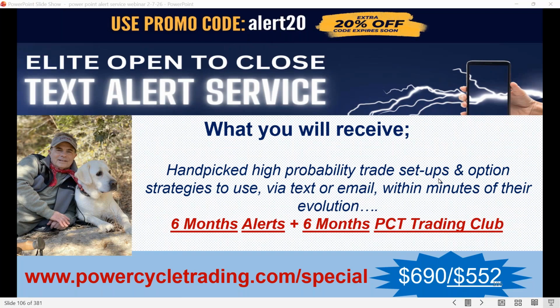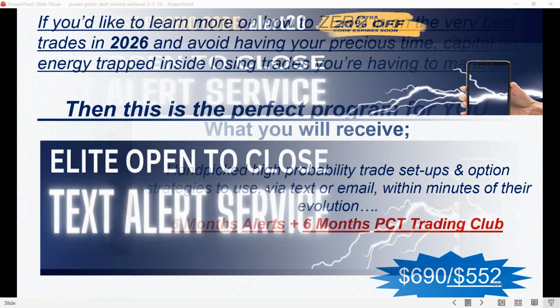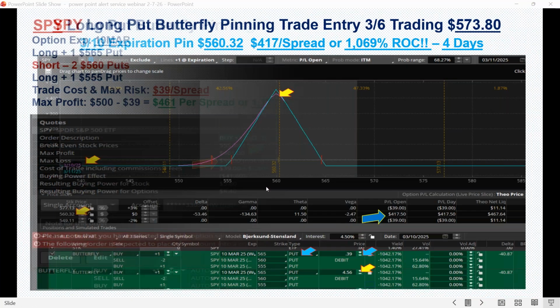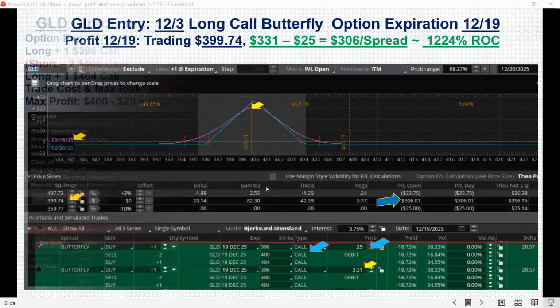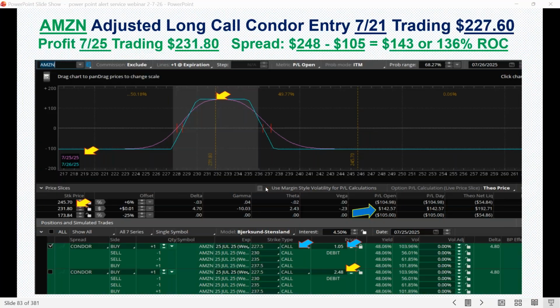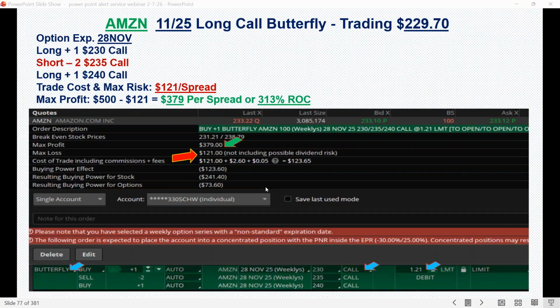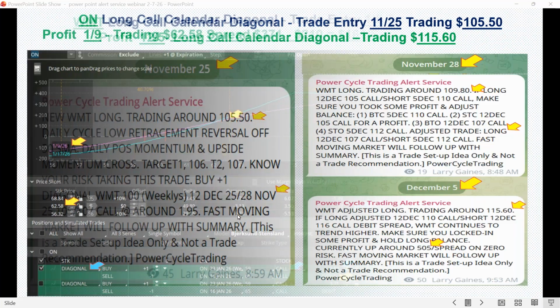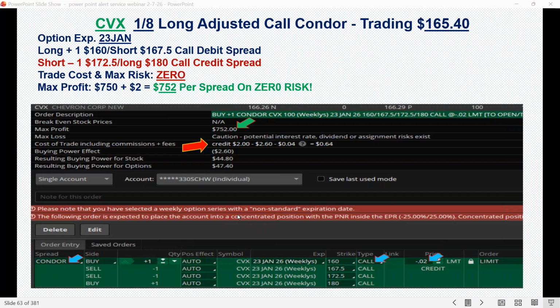Recommended account size, I mean, it can vary. These trades are super low risk. If you look at the cost of the trade here, this one we did last week on Apple, you did one contract, the cost of the trade was $400, $500. So you can do the math and figure out your account size depending on how many contracts you want to do.